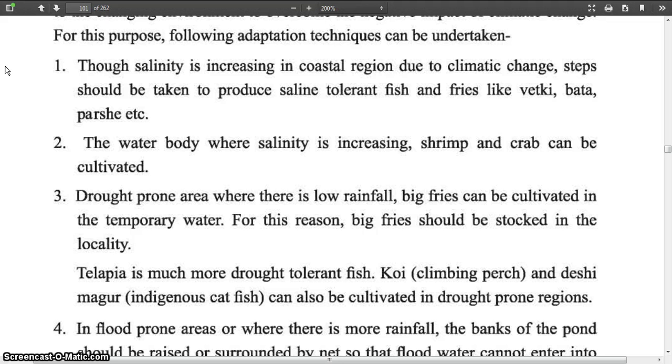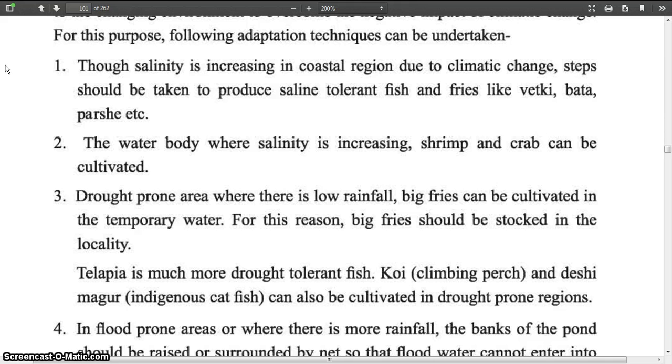We can meet up the fish demand. We know that tilapia is a more drought tolerant fish.